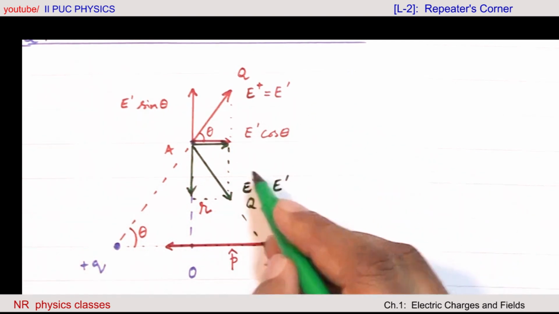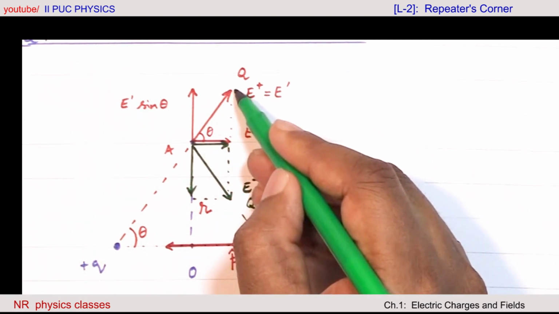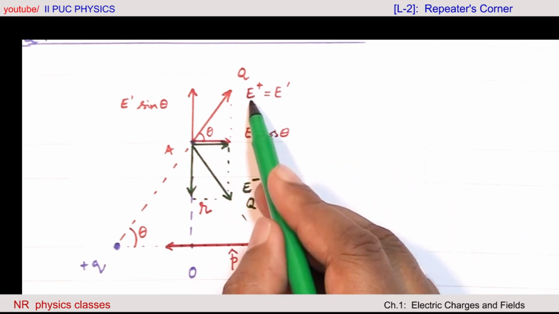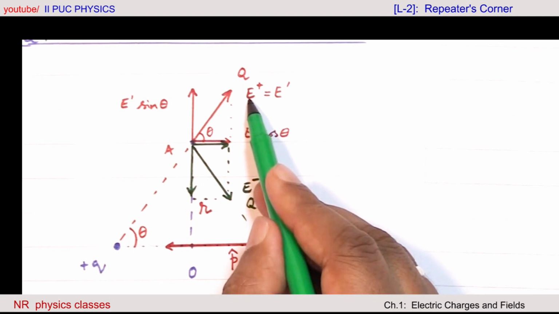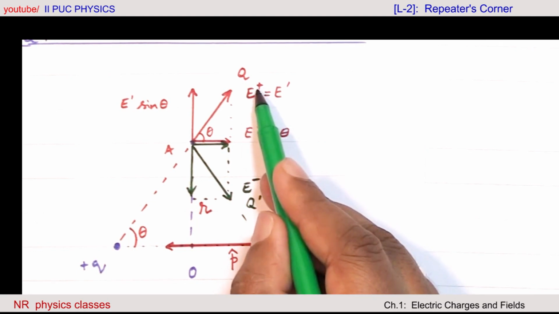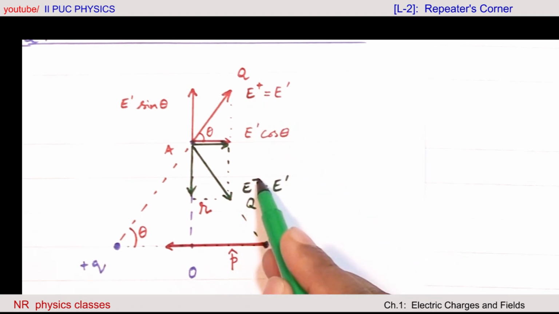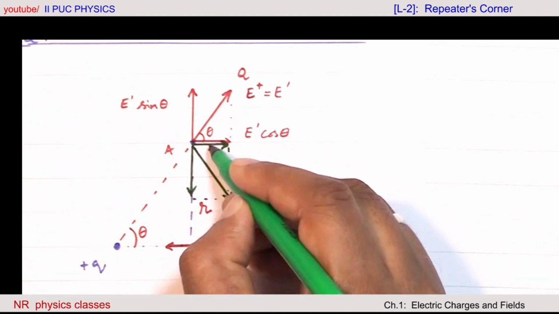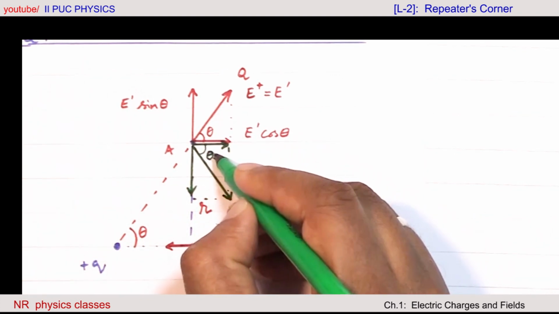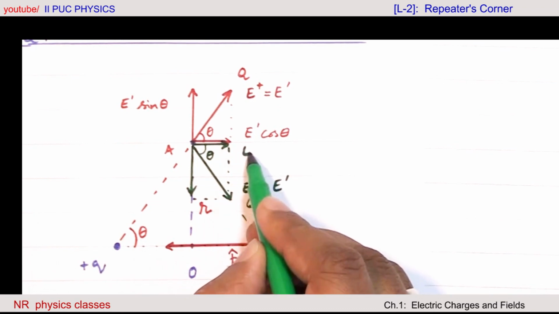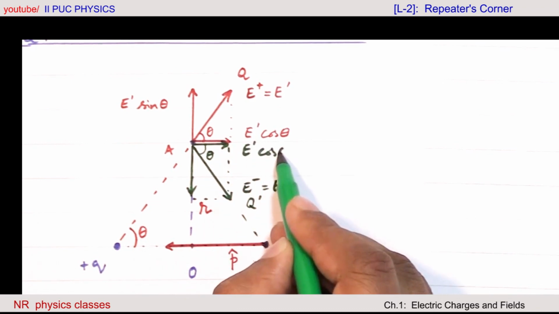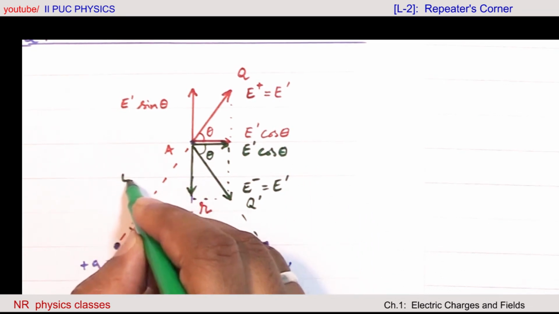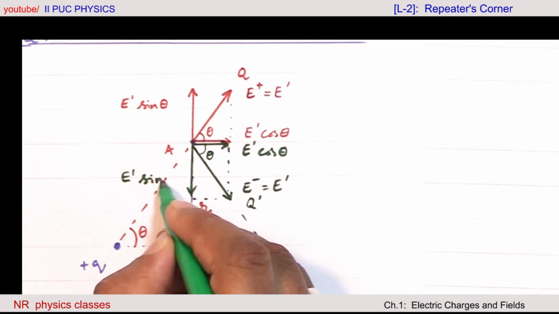Again, same notation, because magnitude of AQ is equal to magnitude of AQ dash. Therefore, magnitude of electric field due to positive charge is equal to that due to negative charge. That is why same notation. Because of symmetry, if this is theta, this is also theta. Then this component is E dash cos theta, and this component is E dash sin theta.